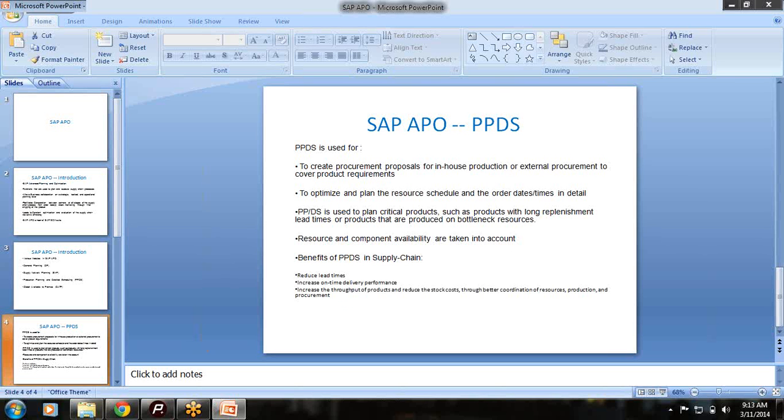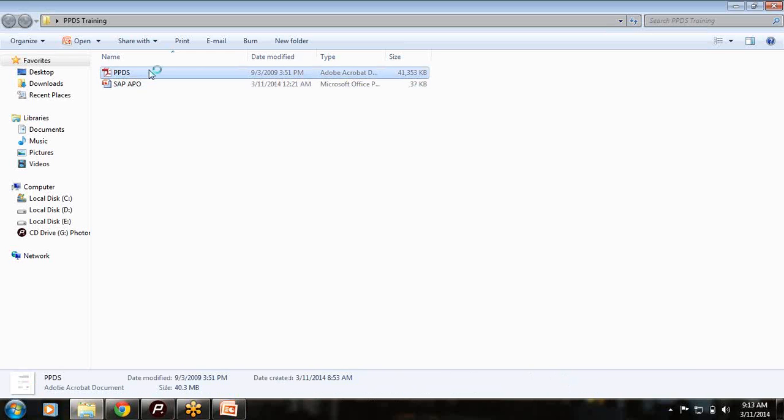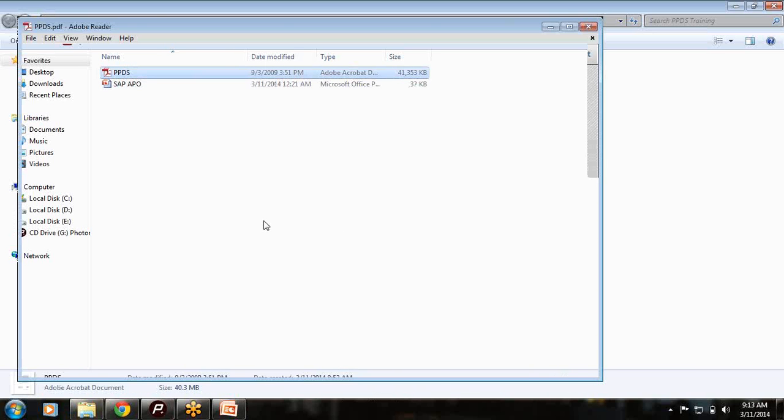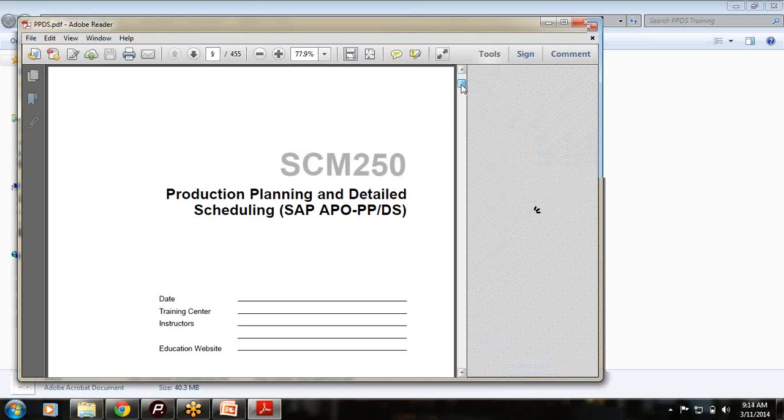Now I will take you through a guide. This guide is from SAP only, from APO, and it details PPDS.